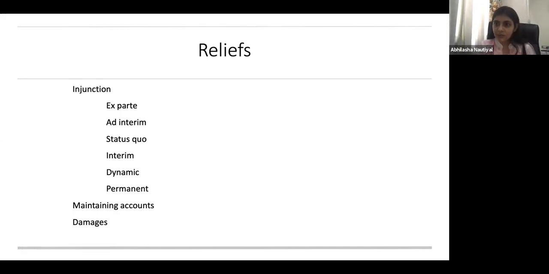There's ex parte, which is in the absence of the other party. There's ad interim, which is till the next date of hearing. There's status quo, which is you maintain the status as on the date of passing of the order. There's interim, and then there's permanent. Permanent is after trial; interim is during the pendency of the lawsuit and the trial.